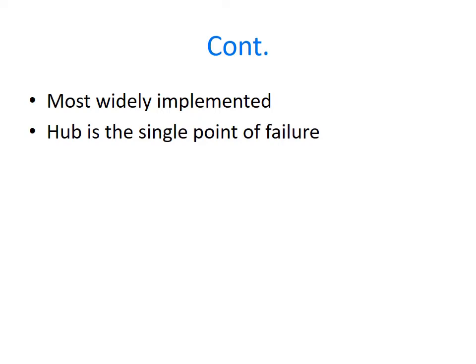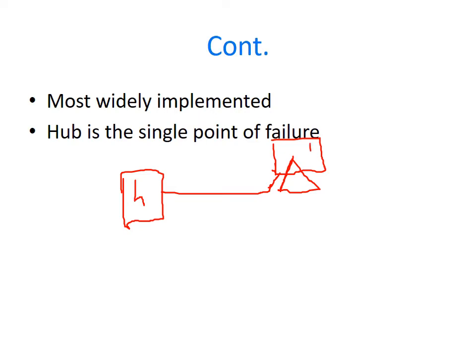In case there's a failure, the setup breaks down, you can easily manage because it's a single point of failure. If you have a hub here, it's connected to a PC. So this is a hub, this is a personal computer, connected at a single point.